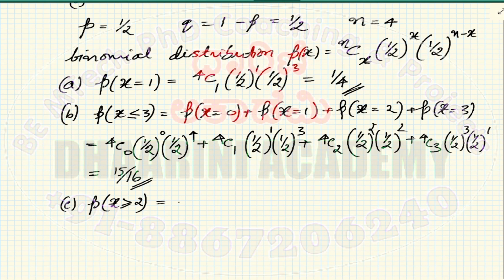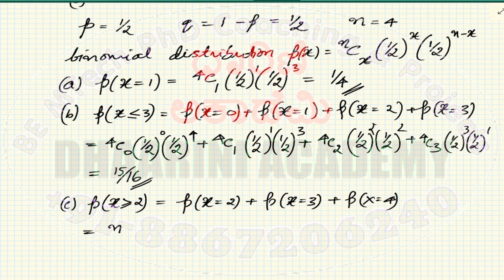So which means probability that x can become equal to 2 plus probability x is equal to 3 plus the probability that x is equal to 4. All the four can be heads, right? So we can substitute this same from the previous one. Okay, I'll write the values.